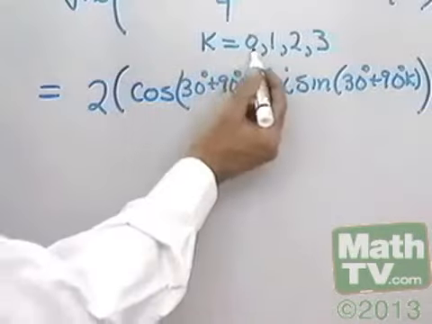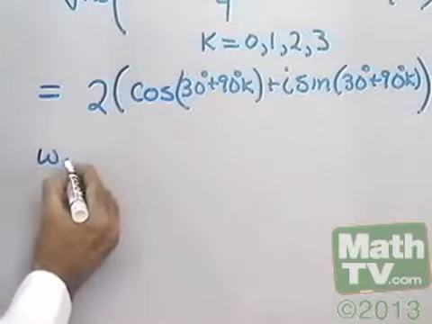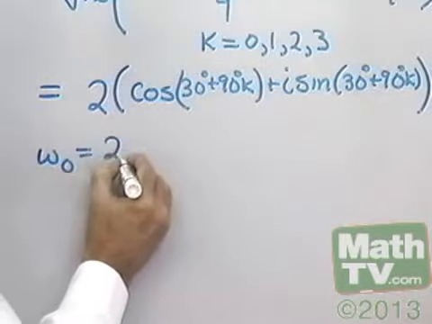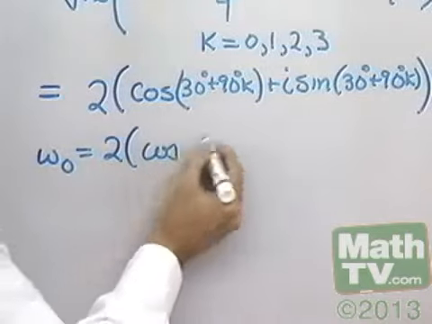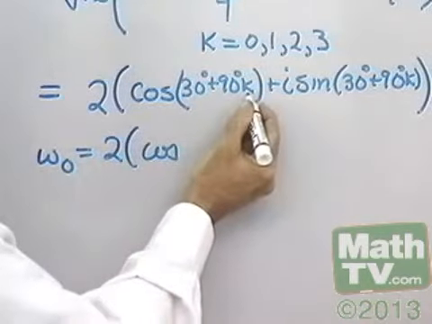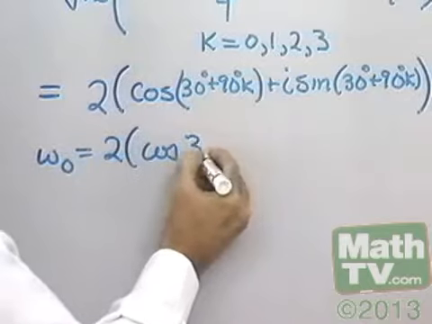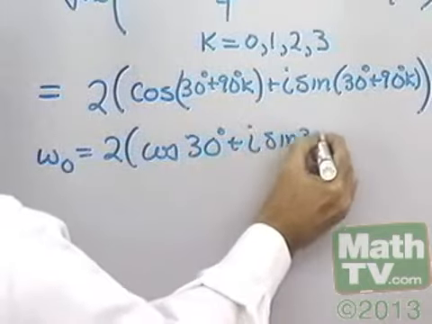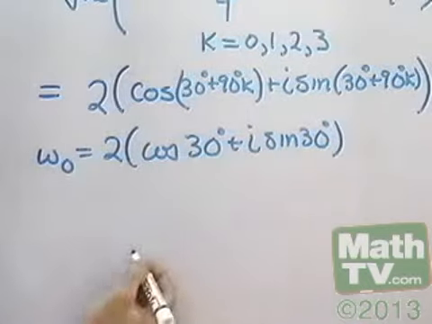So when I substitute in k equals 0, that's going to give me my first root, which I call w sub 0. So that will be 2 times cosine of, when I put in 0 here, I'll get 90 times 0, which is 0, plus 30, which is 30. Okay, so that's my first 4th root.